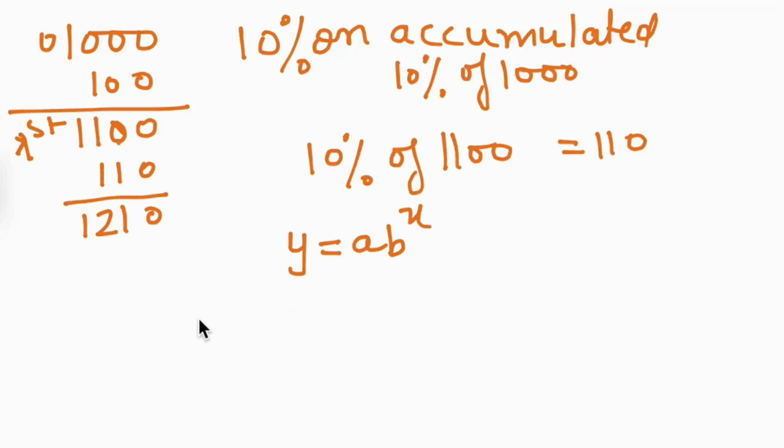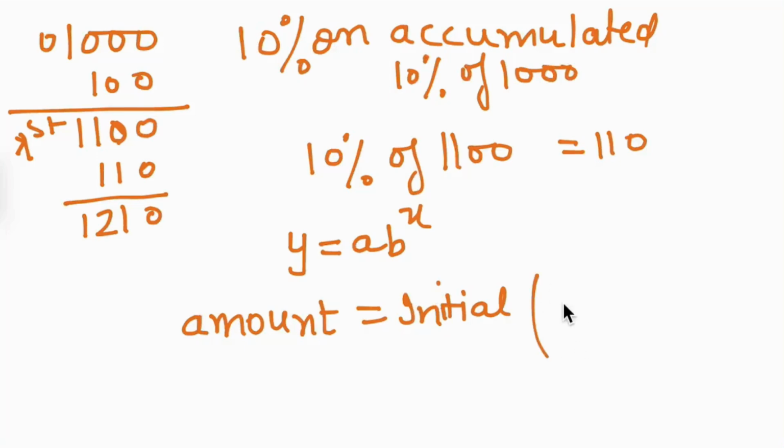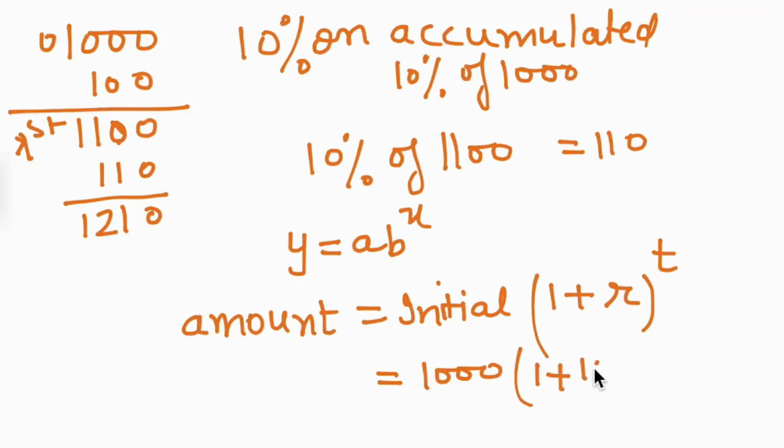Actually, the amount after t years is the initial amount times 1 plus rate percent, raised to the number of years. Here the initial amount is 1000 and it's 1 plus 10%.